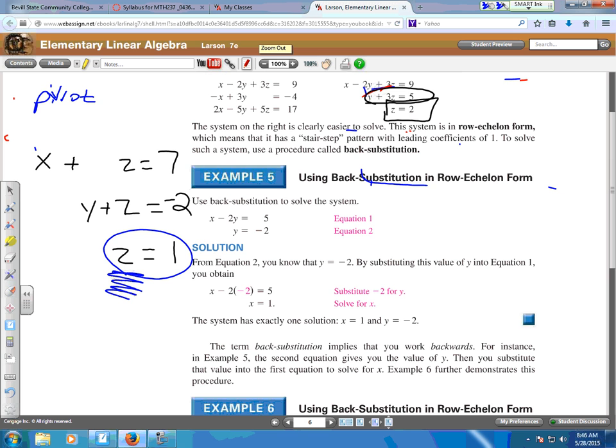If we think about this top equation as having no y's, the second equation as having no x's, and the bottom equation having no x's, no y's, basically the pivot in a row or an equation is the first non-zero term.